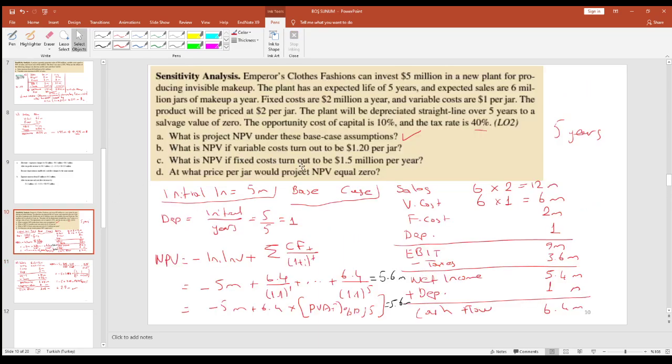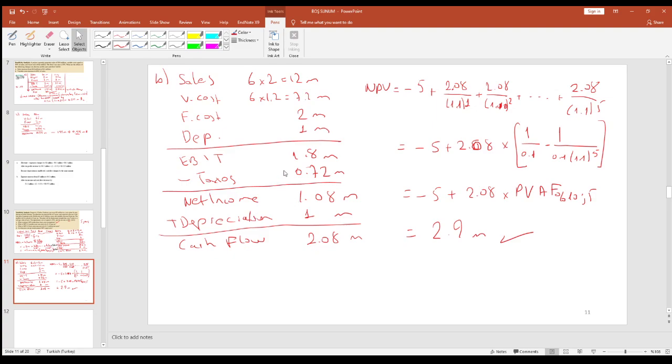At C, we are going to find 1.5 million. But before moving on, I have a shortcut solution for this. Now we need to focus on cash flow. So we have a shortcut solution for cash flow.